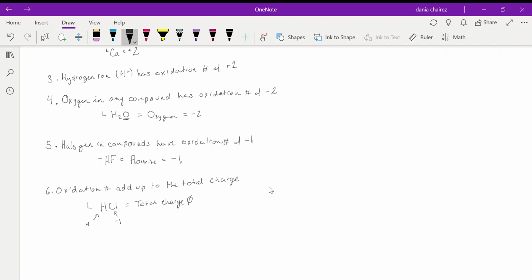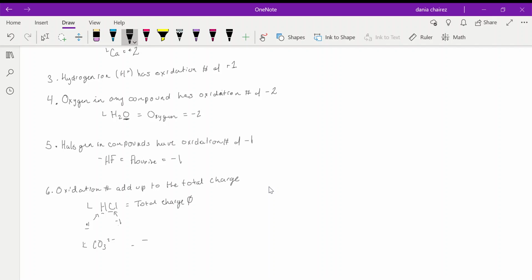And so the oxidation numbers of these things, it would just be hydrogen has an oxidation number of +1, and chlorine has an oxidation number of -1. So then another example where it's not as easy to figure it out would be carbonate, where the formula is CO3 2-.